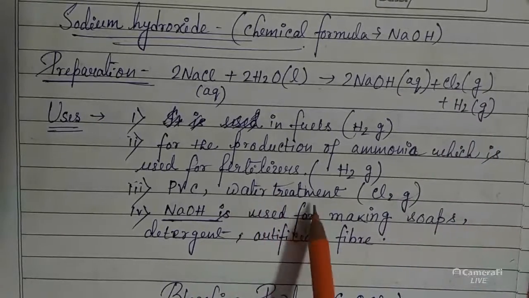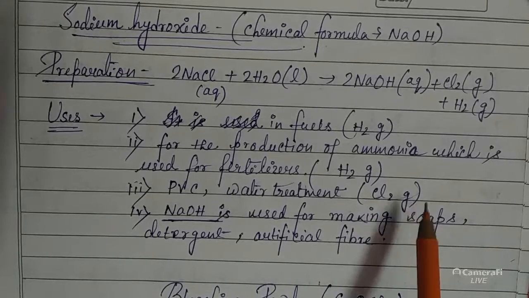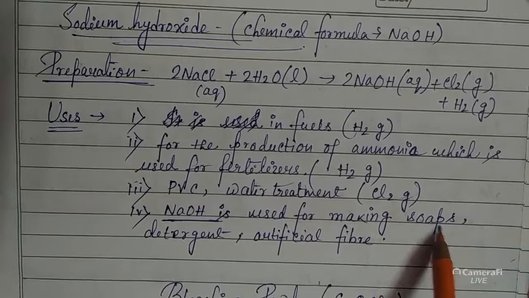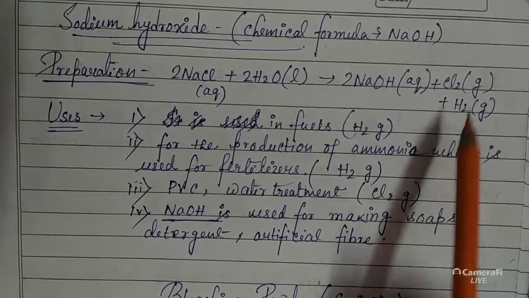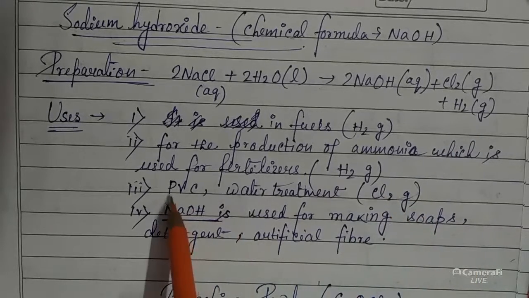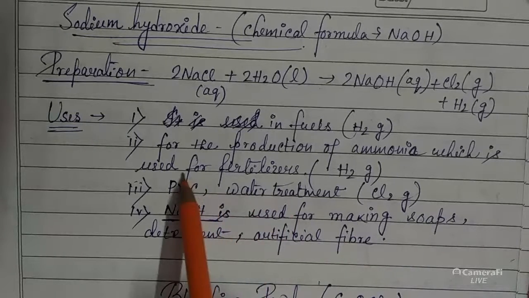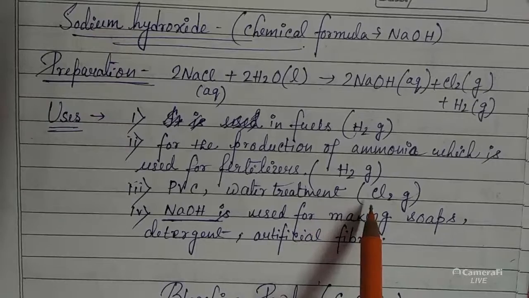So sodium hydroxide is used for making soaps, detergents, etc., and chlorine gas is used in various purposes, like making polyvinyl chloride, a polymer, and for water treatment.